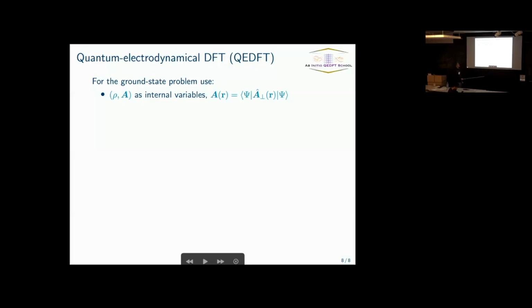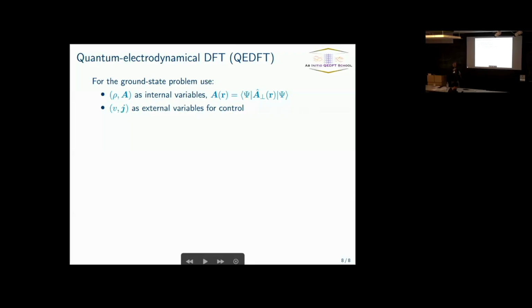This is the transverse vector potential in operator form, and the expectation value for a wave function that includes the photons, of course, gives you the expectation value of the A field, and that is my internal variable. And then what couples to that? Well, I know what couples to the rho, that is the external potential V, the scalar potential, electrostatic potential. What couples to the J is an external current.